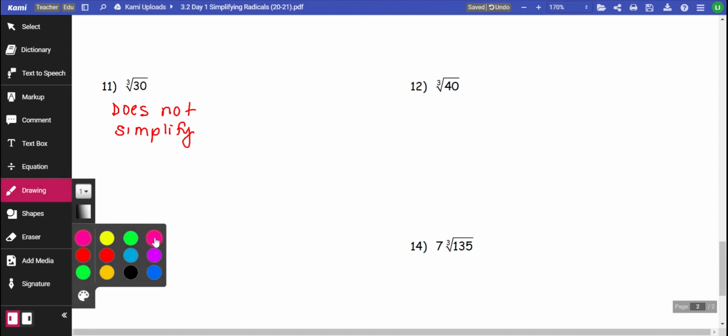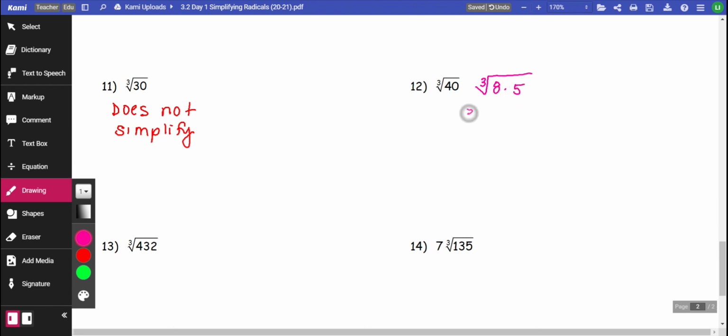Okay, for the cube root of 40, that's going to be 8 times 5. 8 is our perfect cube, so I would have 2 cube root of 5.